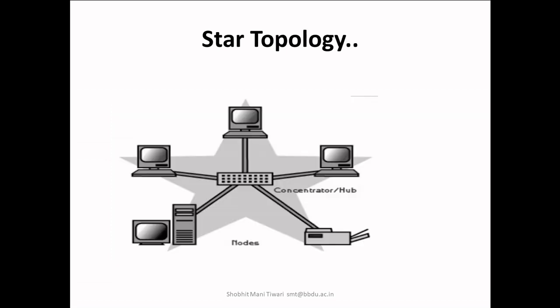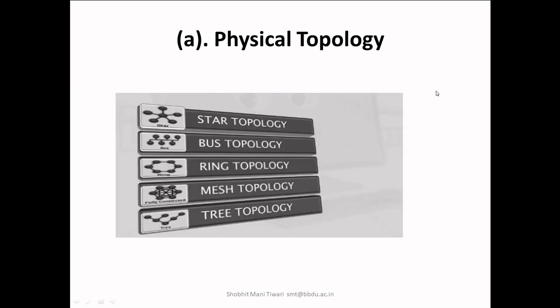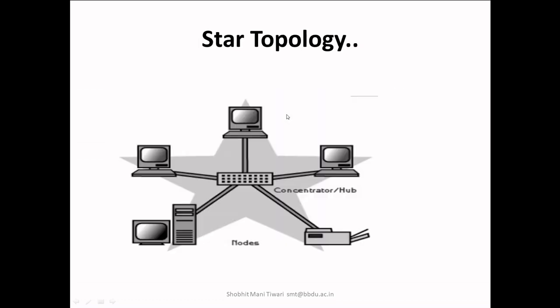First, it is easy to add and remove nodes. Let's verify it. Here we are showing some systems, some computers. If we suppose we remove this topmost system, it will not be a tough task. We can easily remove it, and none of the other systems will be affected by this removal.